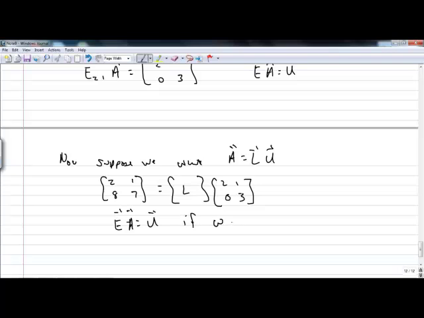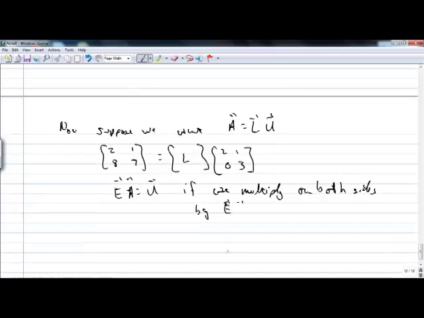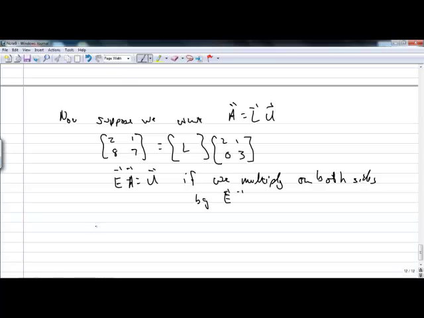If we multiply on both sides by E inverse, we get the following.